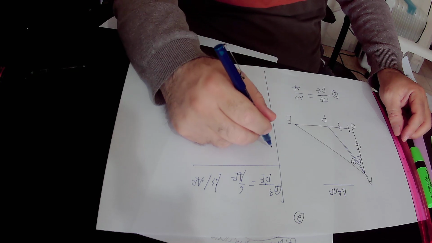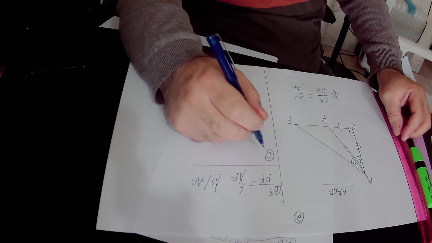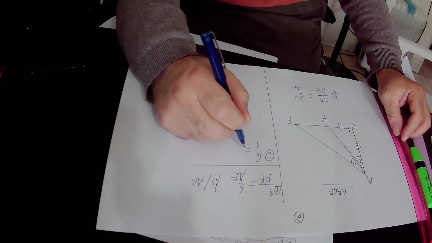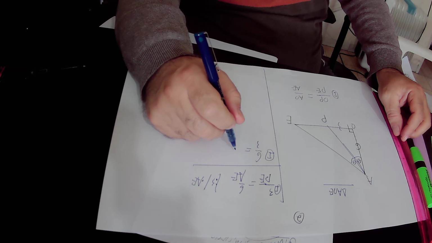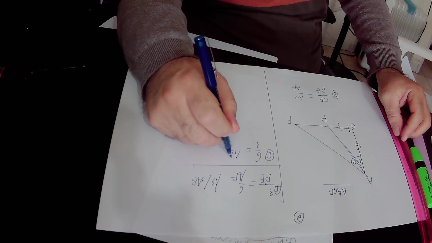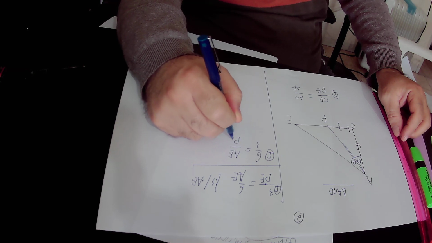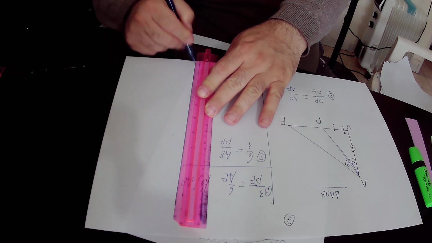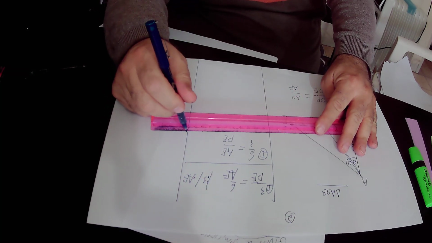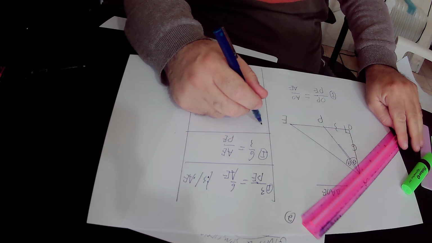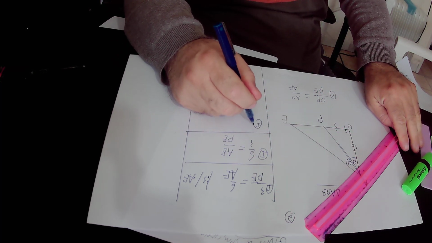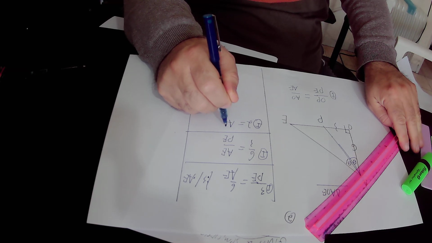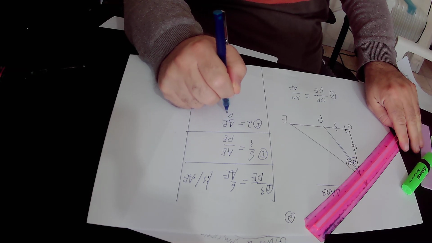And we'll get that according to equation number 1, 6 over 3, that is 2, equals AE over PE.